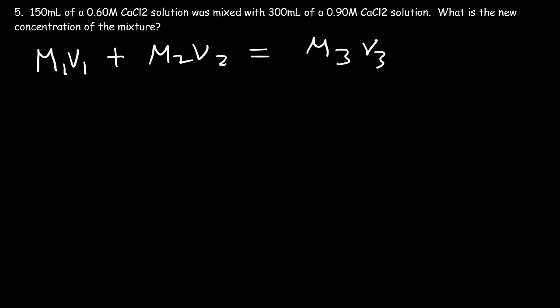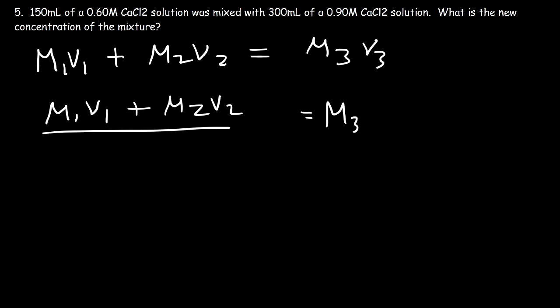Now, we need to modify the equation a bit. It's going to be M1V1 plus M2V2, and that's equal to M3V3. So if you're looking for M3, the new concentration, it's going to be M1V1 plus M2V2 divided by V3.